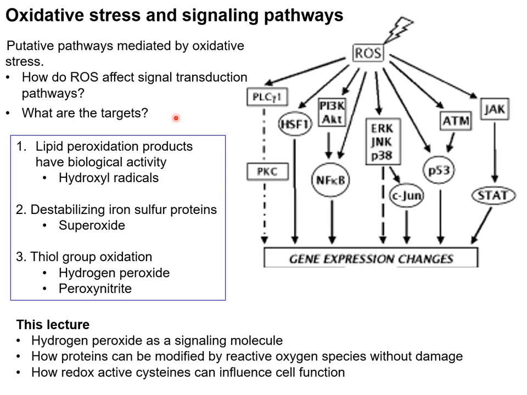So how can reactive oxygen species affect signal transduction pathways, and what in particular are the targets? Reactive oxygen species have been identified to affect signal transduction pathways in a number of ways. One of them is certainly indirectly via hydroxyl radicals, where we have lipid peroxidation products, such as malondialdehyde or hydroxynonenal, that can affect signal transduction pathways.